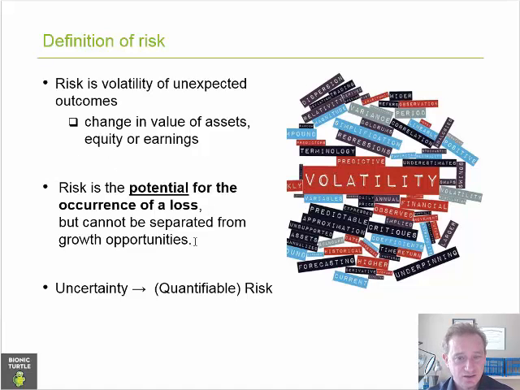Another definition that we've seen, for example, in a reading that was in the Foundations last year, but is not this year, so you can see how I'm not getting too attached to any particular definition, but there the definition was, risk is the potential for the occurrence of a loss. And we cannot separate that idea of risk from growth opportunities. So it's not that these are not important, but just in a sense that we're going well beyond superficial definitions. We're going into very specific applications of risk.